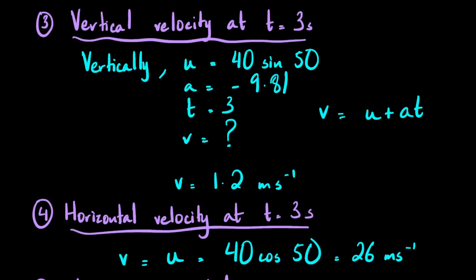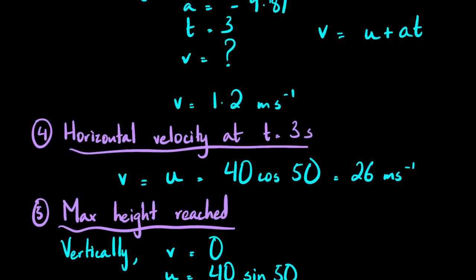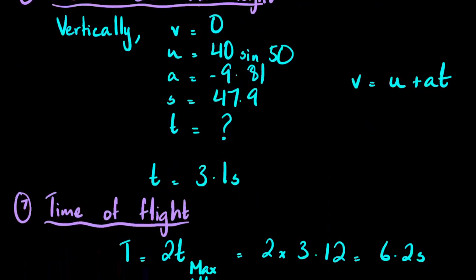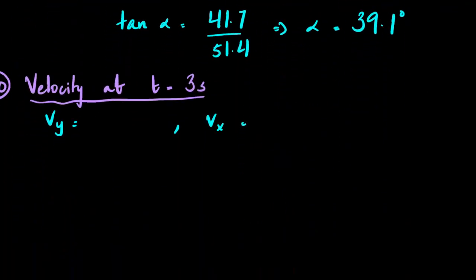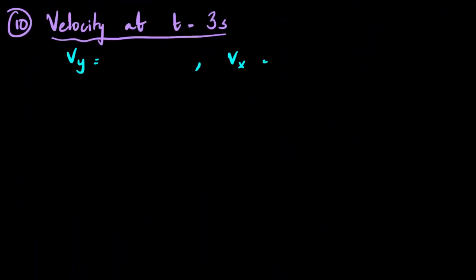And Vy at t equals 3 seconds was 1.2. So 1.2 is the vertical and 26 is the horizontal. So this is 1.2 and this is 26.